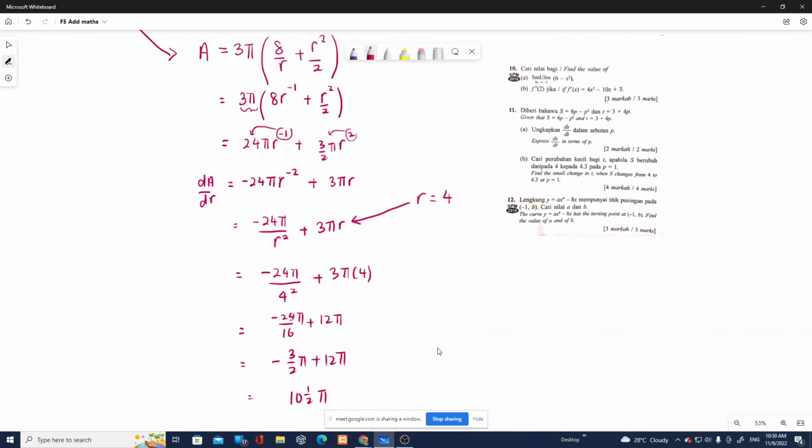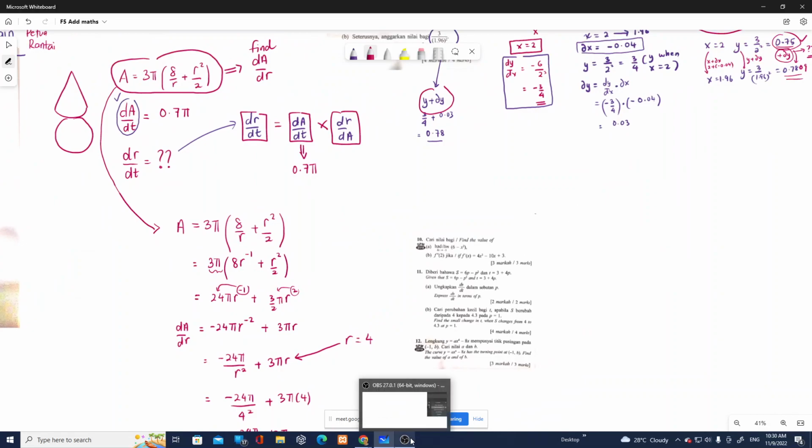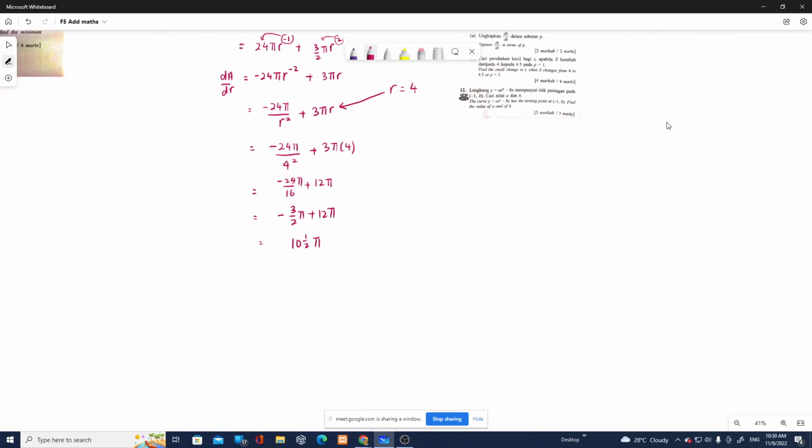Okay, but our question, soalan kita, go back to this one. They want dr over dA. So dr over dA is 1 over 10 1/2 pi. Okay, kenapa 1 over? Because dA over dr is 10 1/2 pi.